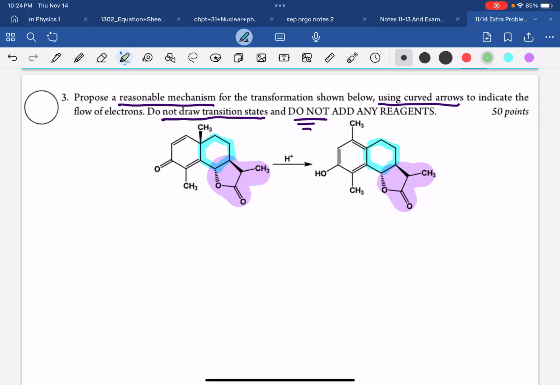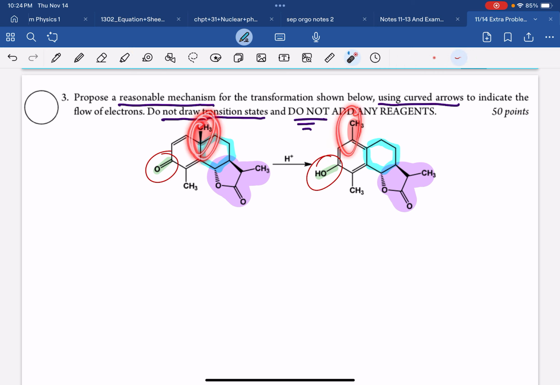Then the last thing we look at is the left side, and we notice that we have a carbonyl that turned to an alcohol. So something is going on here. Let's circle this. And then additionally, we see this CH3 has moved.